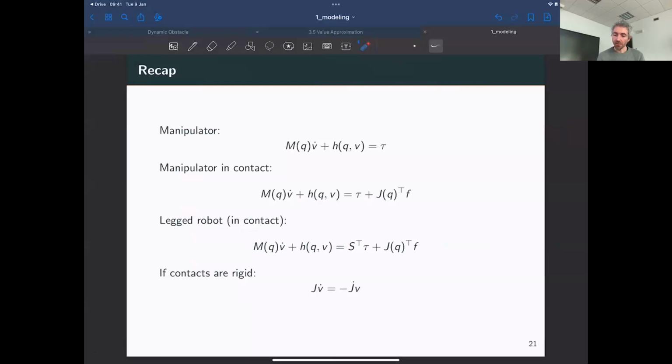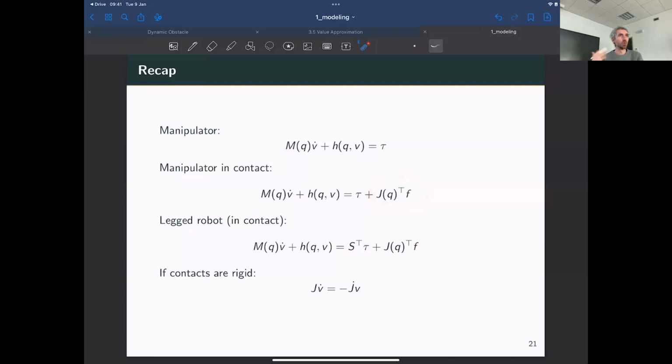Okay, so this is just a recap of everything we have seen so far. We can see here the dynamics of a robot manipulator. That's the simplest form. Then once we have contact, we extend this dynamics with the J transpose F term, which accounts for the contact forces.